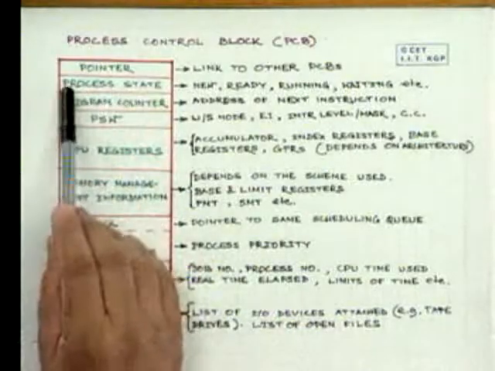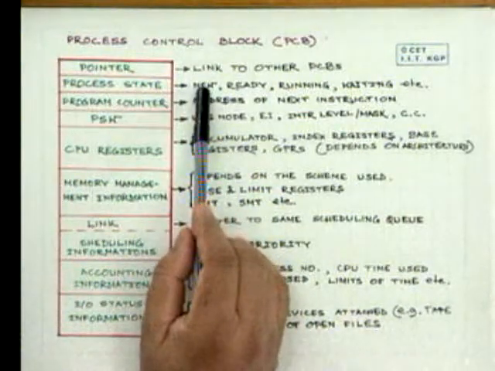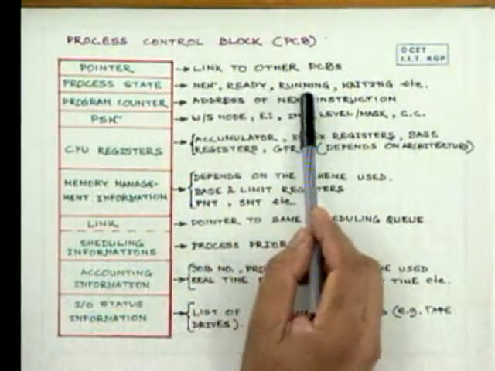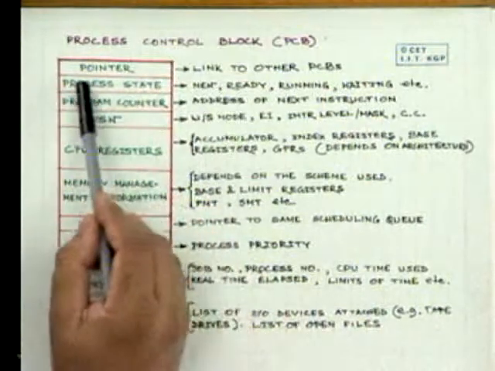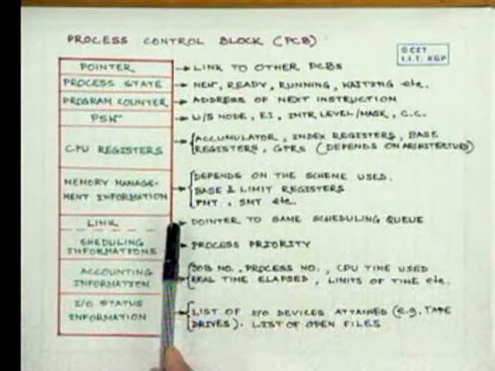Then the process state is kept as one of the fields. By the process state, we mean whether it is new, ready, running, or waiting, etc. That information at any instant of time is kept in the process state.